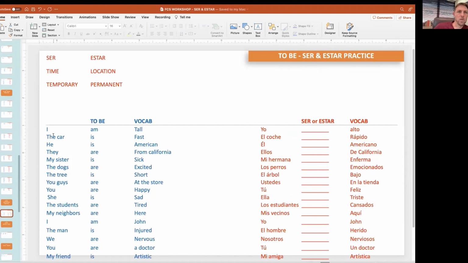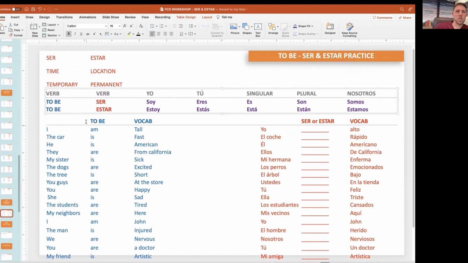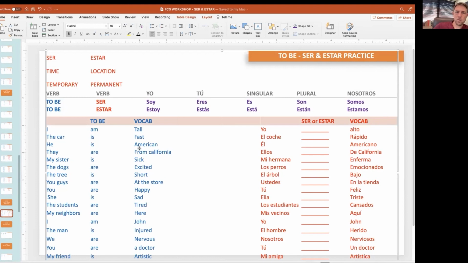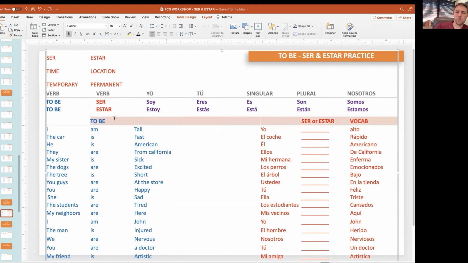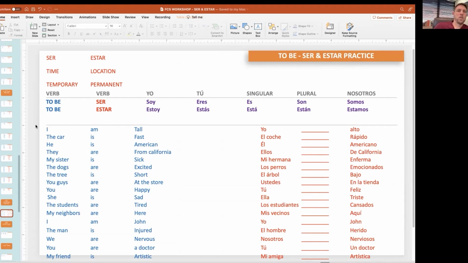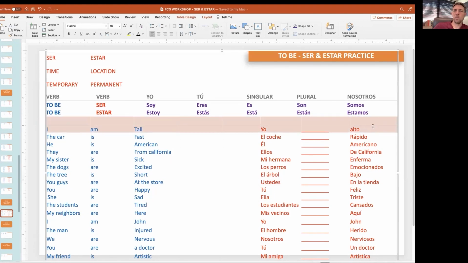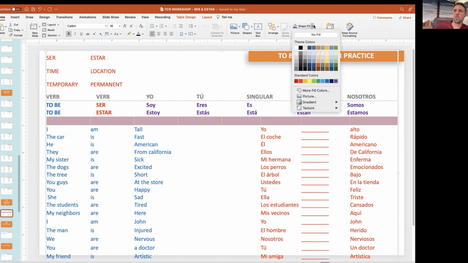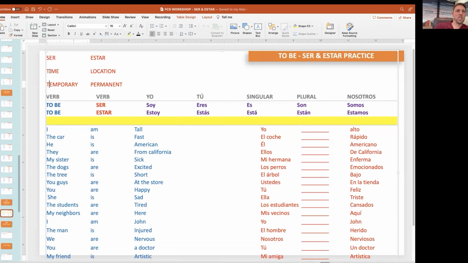Okay. All right. Is it ser or estar? Okay. So you've got everything you need up here. I'll put a little color. I don't know. Is that easier to see or not?